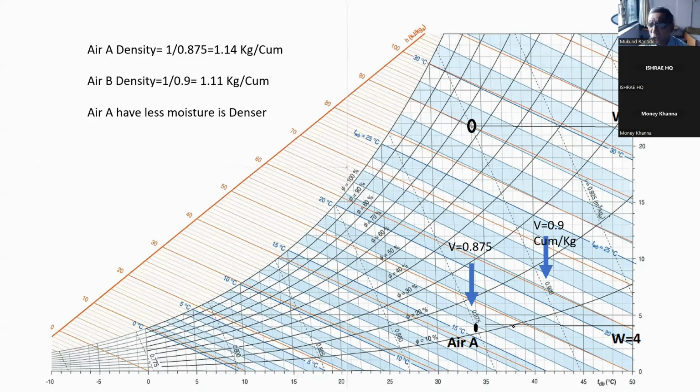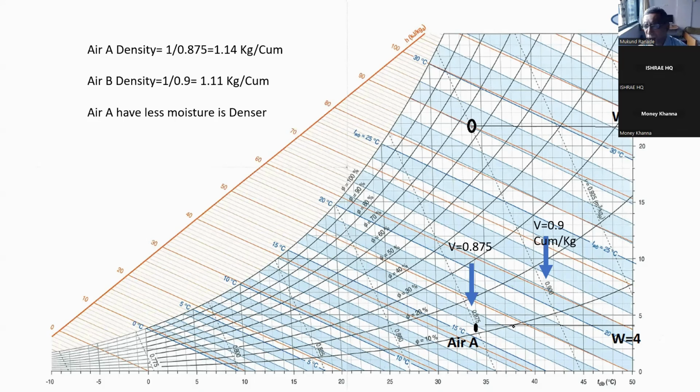Now, the density of moist air is dominated by the density of dry air, because the water vapor is present at a very, very low partial pressure. So naturally the density of water vapor is extremely low because the partial pressure is very low. It is in high vacuum. So it is dominated by the dry air density. The moment moisture increases, the partial pressure of dry air reduces.